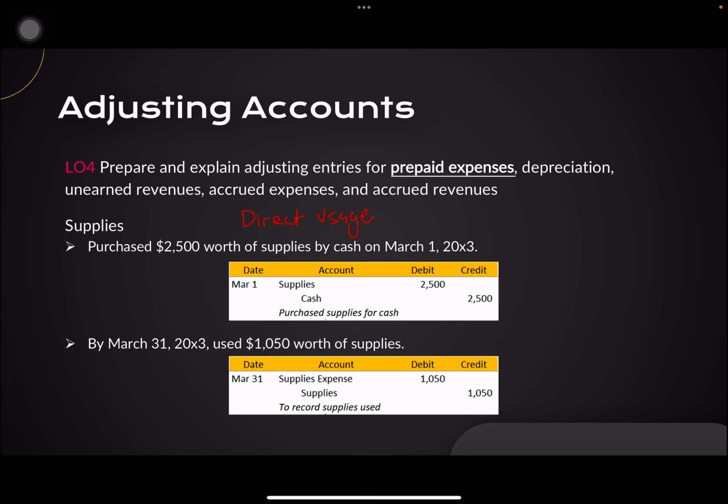To analyze this transaction, let's first determine whether this is a financial transaction or non-financial transaction. We purchased $2,500 worth of supplies, and we paid cash to make this transaction effective. The supplies and cash were affected, that's why we classify this as a financial transaction.